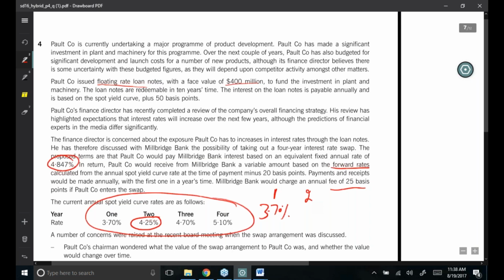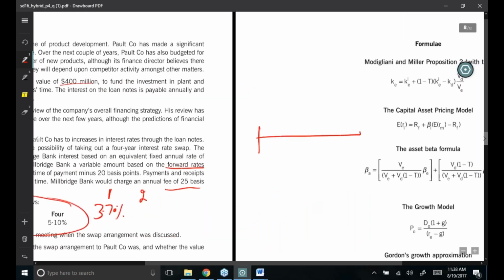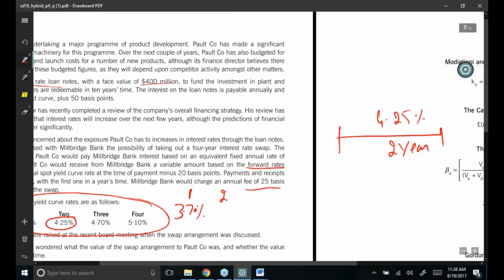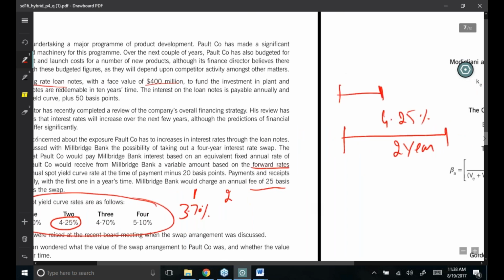So that means you will receive 4.25% for 2 years at the end of year 2, 2 times, because 4.25% is an annual return. And if you invest for 1 year, you will receive 3.7%.